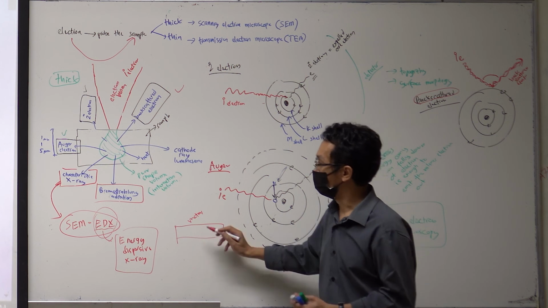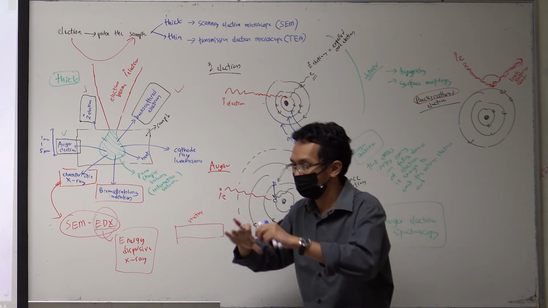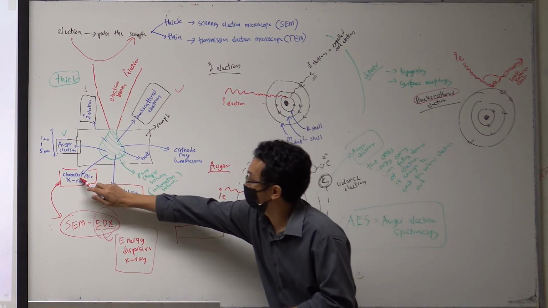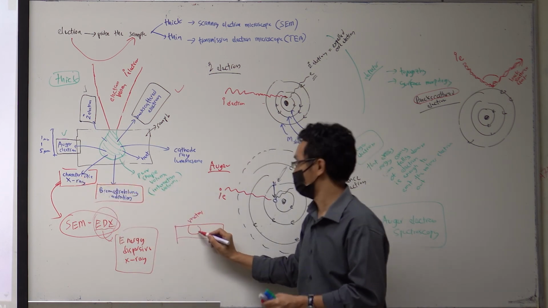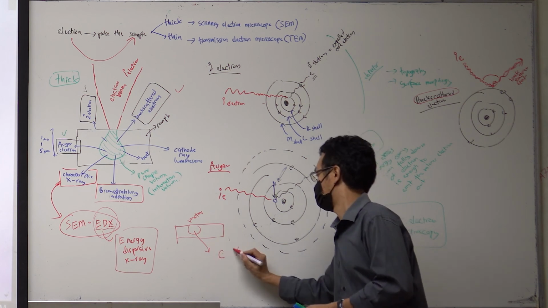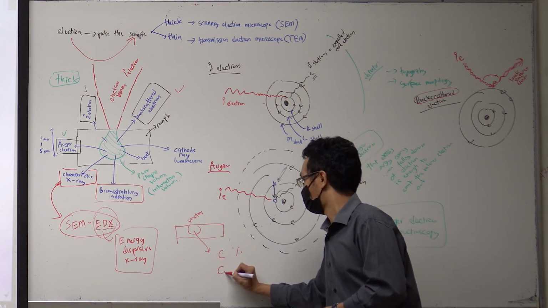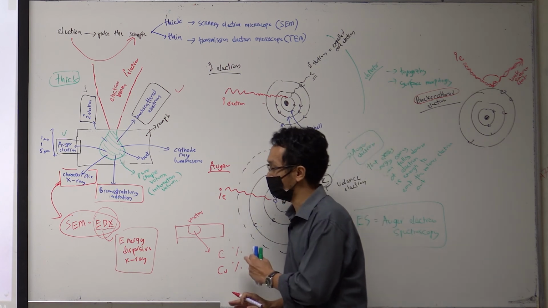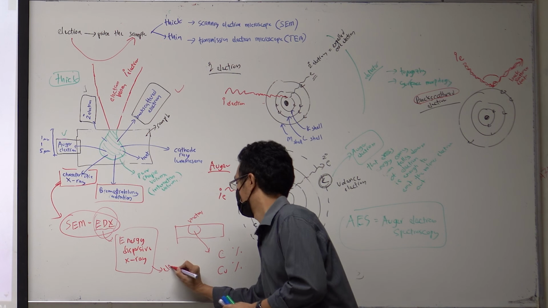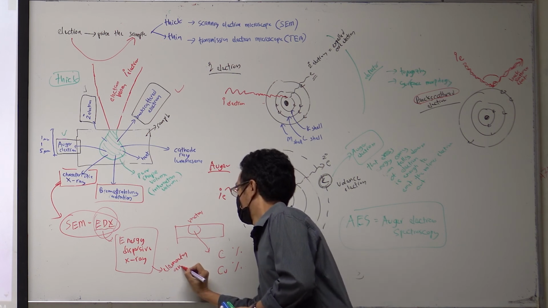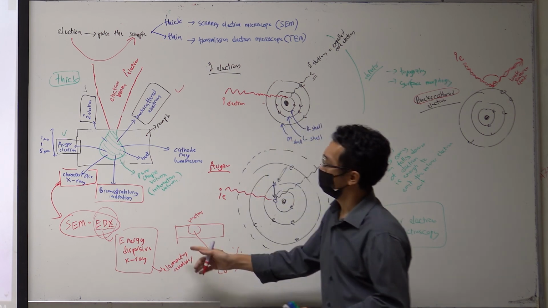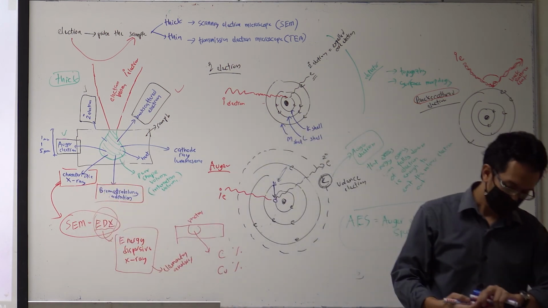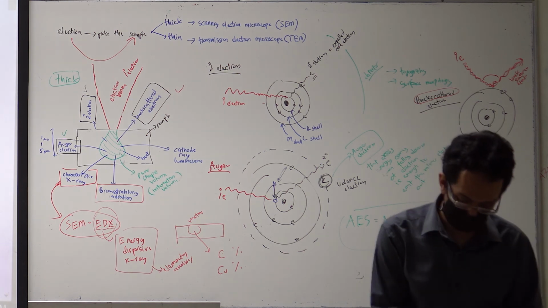You can see the topography under the microscope, but at the same time, because of the characteristic X-rays, you can also know what is in the metal. Carbon, how many percent, copper, how many percent, and so on. So elemental analysis basically utilizes this characteristic X-ray.